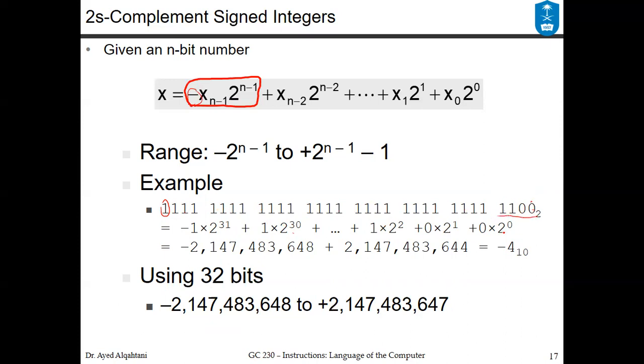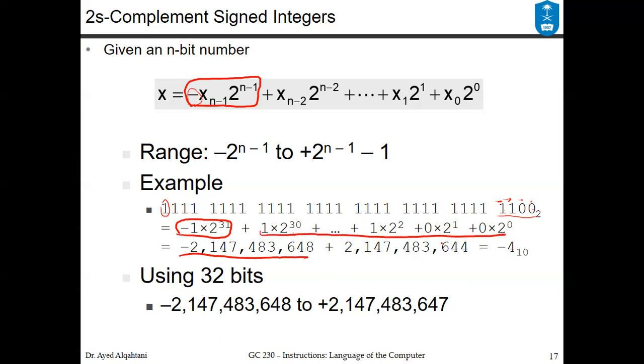This one is 0 times 2 to the power of 0, 0 times 2 to the power of 1, and 1 times 2 to the power of 2. And this one would be, it's not written, but it would be 1 times 2 to the power of 3. You add all this together, and notice that you will have this number in negative, and the rest of them are positive.